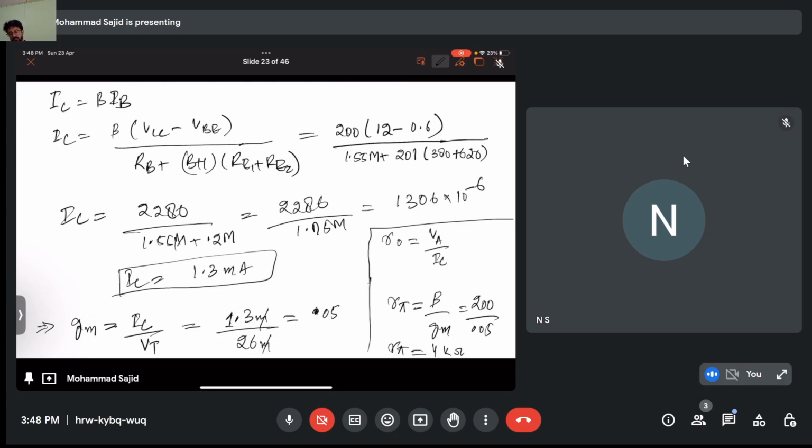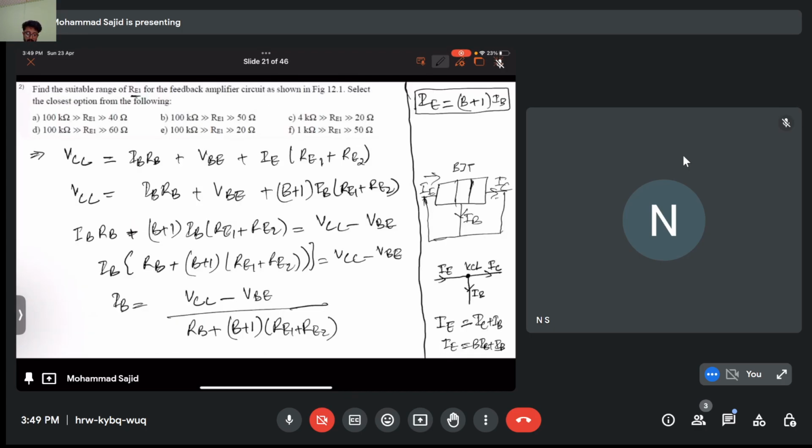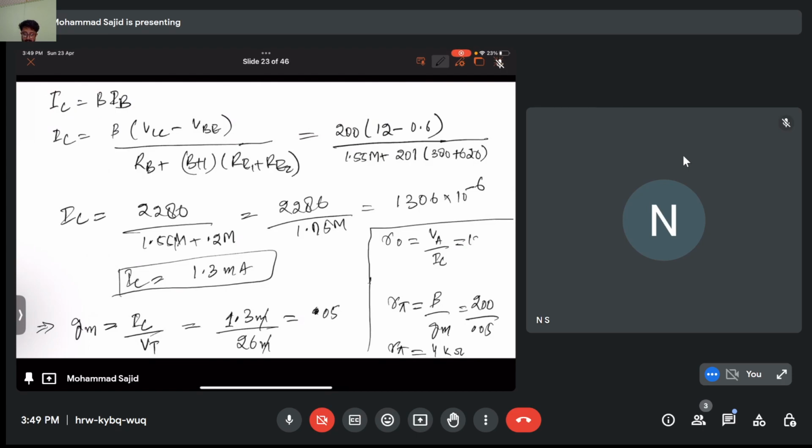Do you know what early voltage signifies? If early voltage is very low, what does it say? Early voltage is 130. IC is 1.3 milli, so it is 100 kilo ohm.